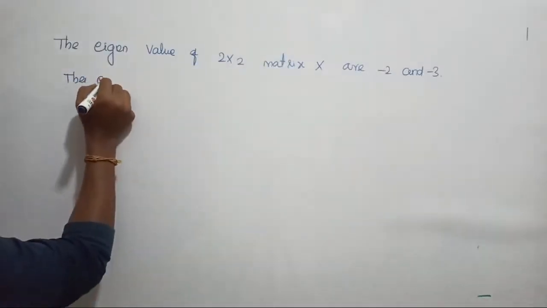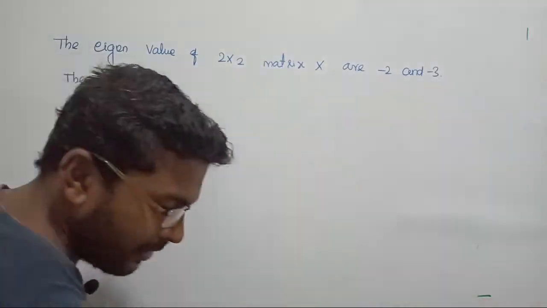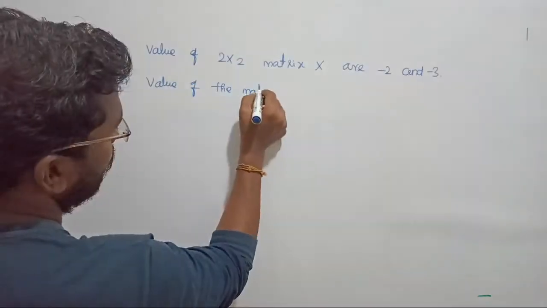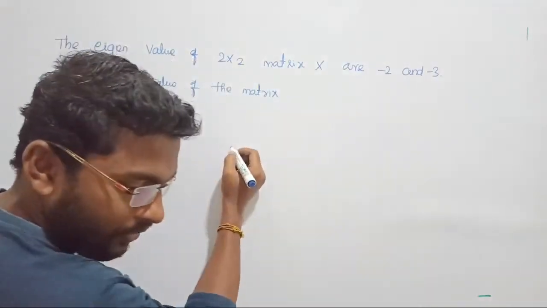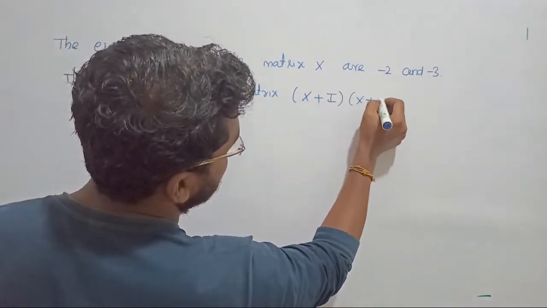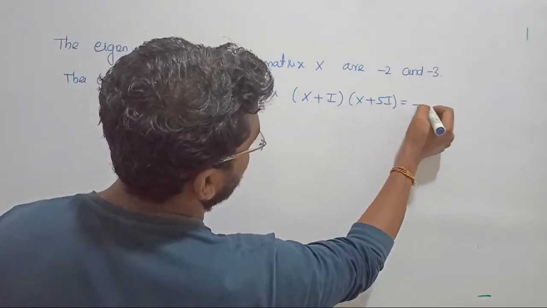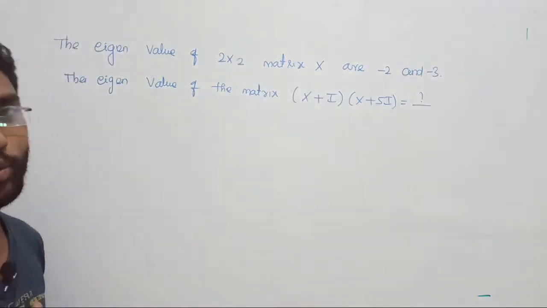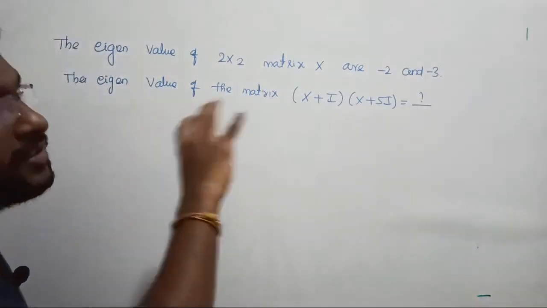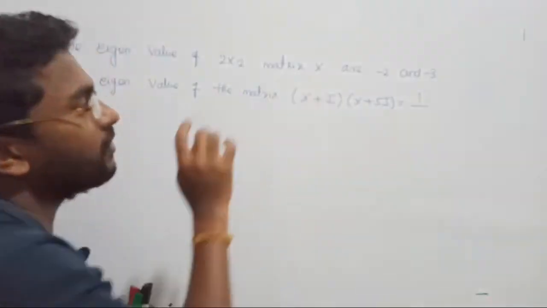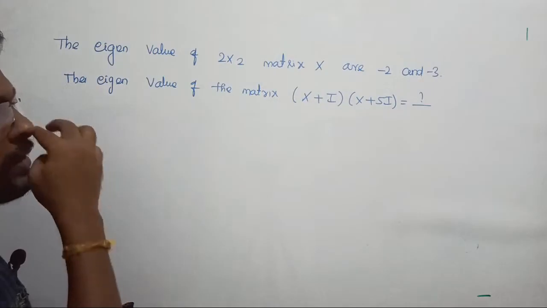The question is about the matrix given: (x plus I) into (x plus 5I) is dash. We have seen the eigenvalue properties, and we can bring in this kind of property. That is an observation only. Wherever you write properties, they are all observations. Like that, I found one more observation when I was seeing this question by myself. What is that? Let's see actually.